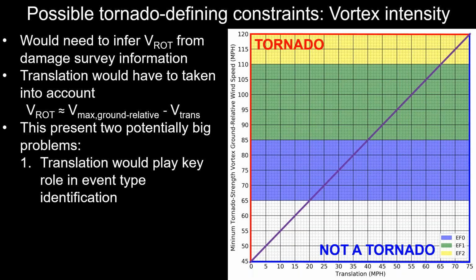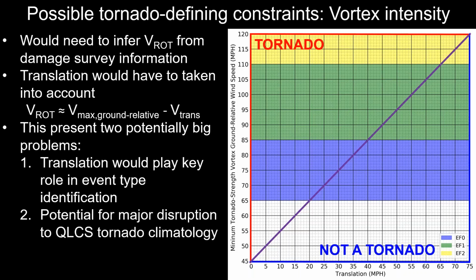So that's fairly straightforward. But the potential here is that we really play havoc with the QLTS tornado climatology. Now, why is that? Well, let's consider two breakpoints here. The first yellow arrow on the left would be the criterion point for a vortex to be considered a tornado if that vortex is moving at 40 miles per hour.